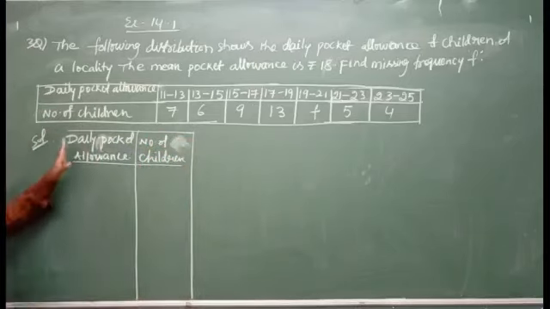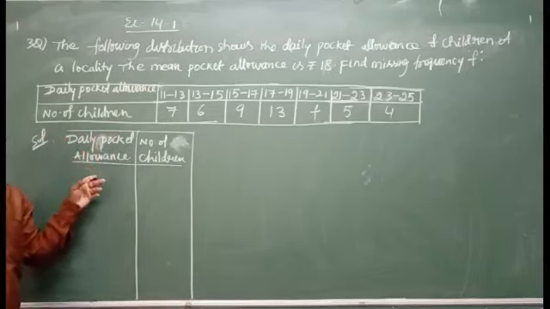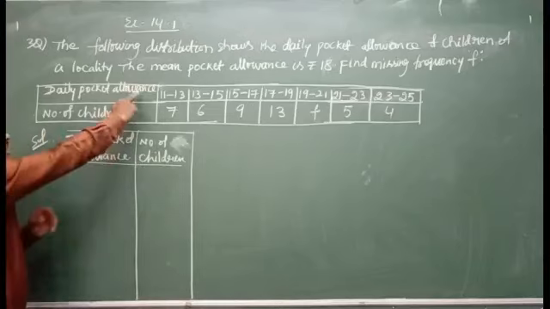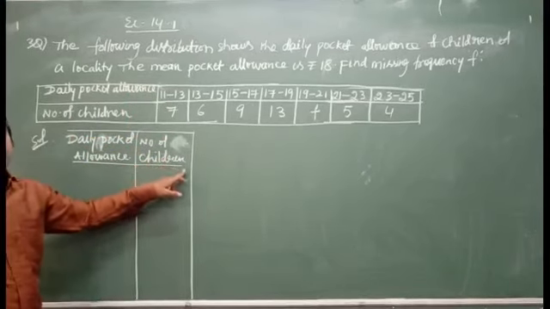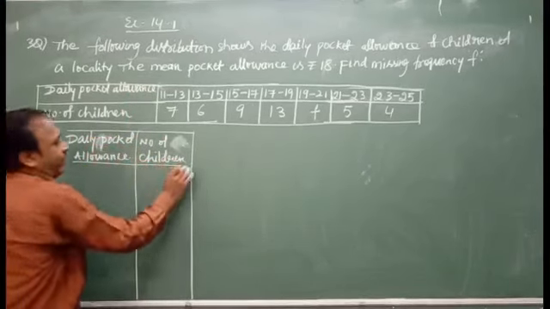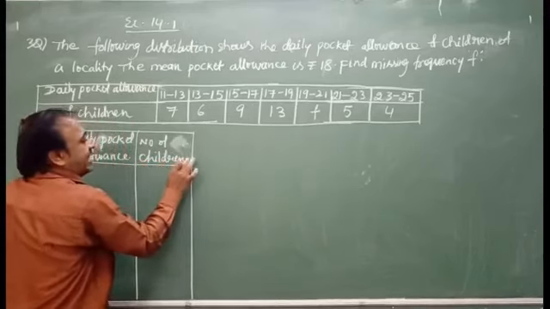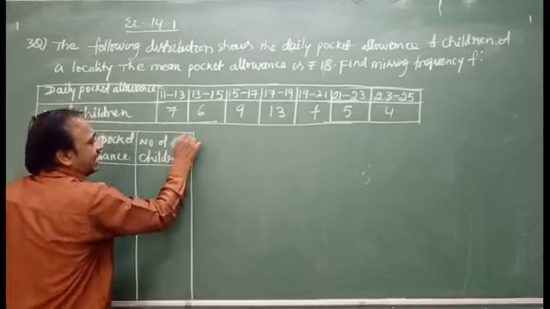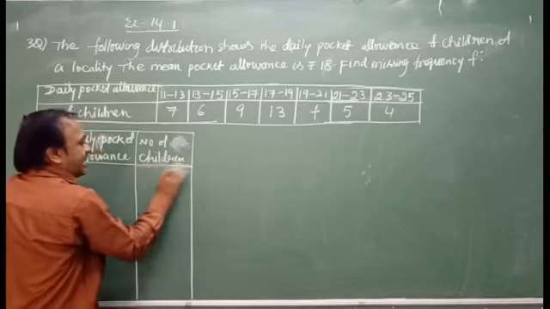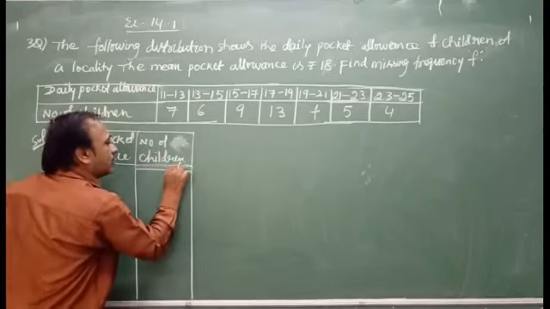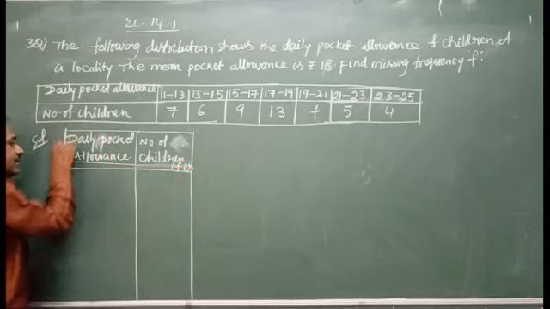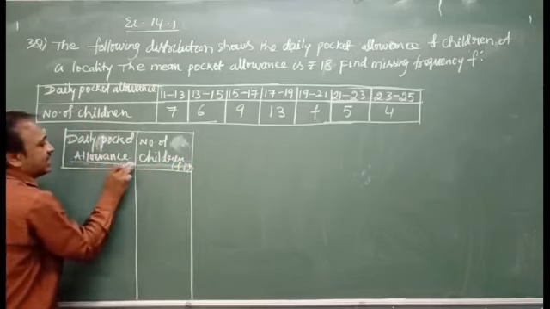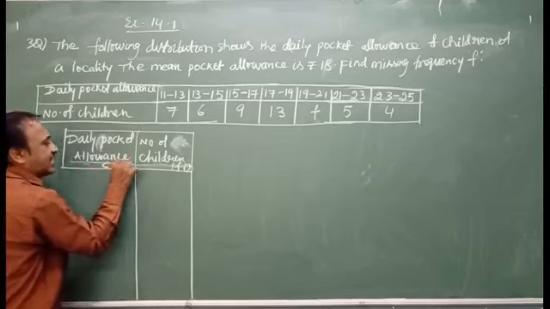Listen here, the daily pocket allowance column, in our terms, we say class intervals, and this we say frequencies. These are called Fi values, number of children. In bracket I am writing Fi. And these are class intervals Ci.